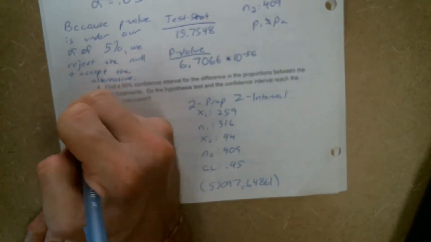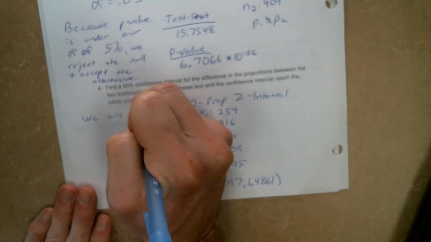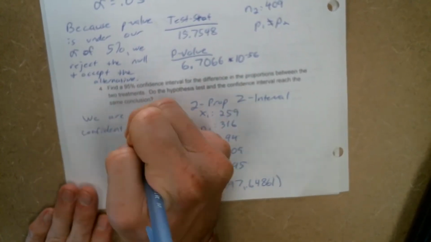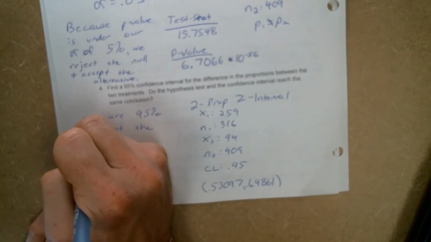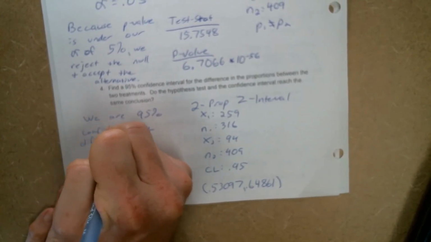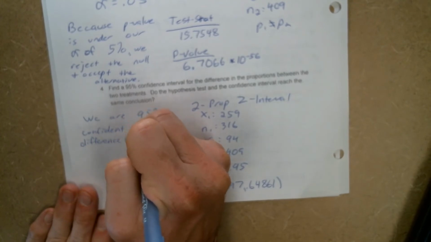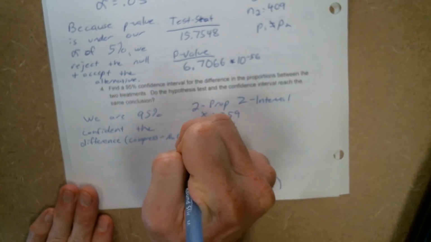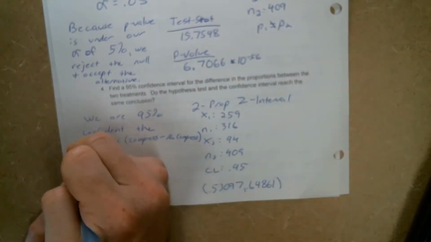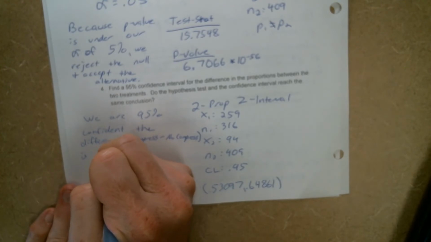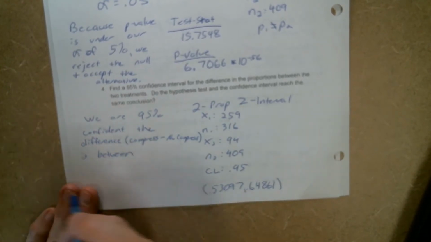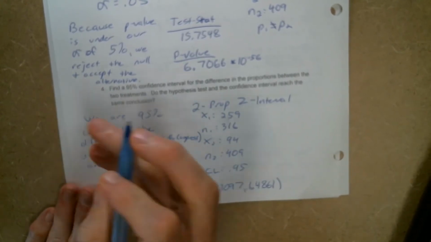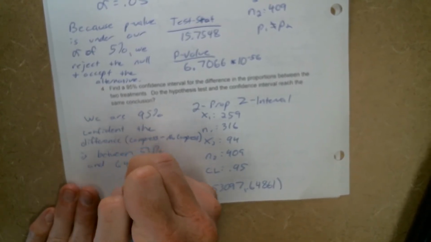So that's saying we are 95% confident the true difference, and this is compress minus no compress, is between, let's say, 53.1% and 64.9%.